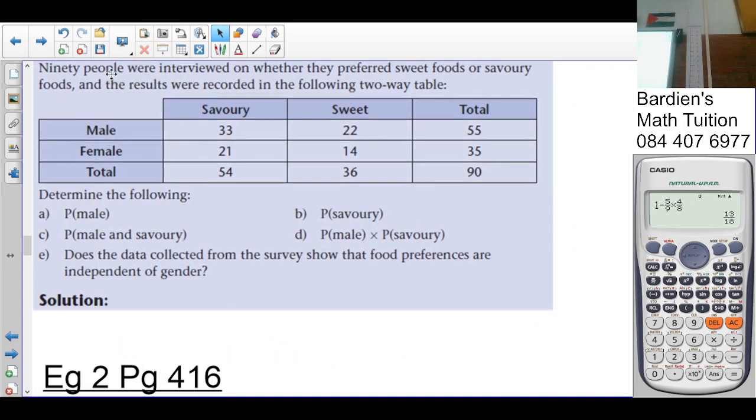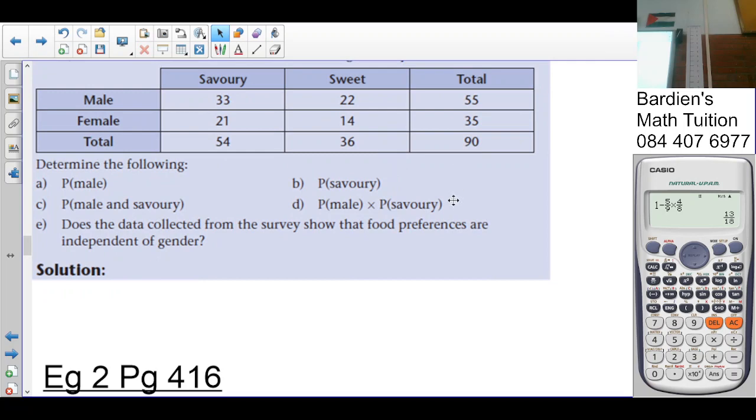So 90 people, so 90, we check, yes, that's in order. 90 people were interviewed on whether they preferred sweet foods or savory foods. And the results were recorded in a two-way table. You guys know what savory and sweet are, no? Cake, and the contrary, samosas. Or savory biscuits or whatever.